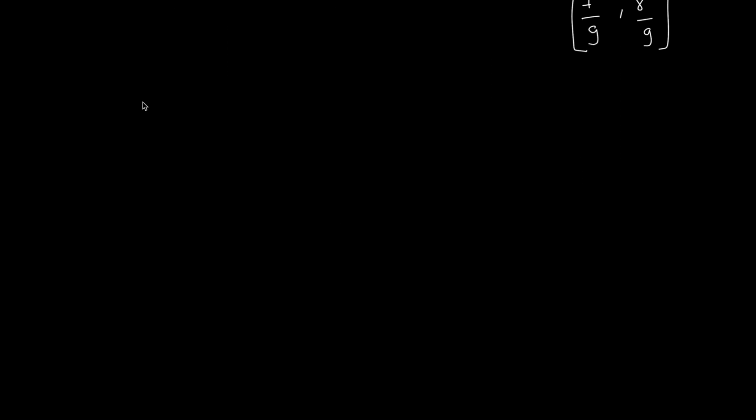So when we are deleting such sequences, 0.01 and 0.21, this corresponds to a measure of 1 by 9, and this corresponds to a measure of 1 by 9, right?